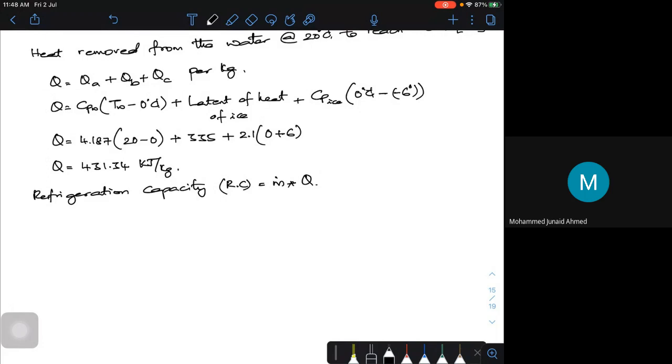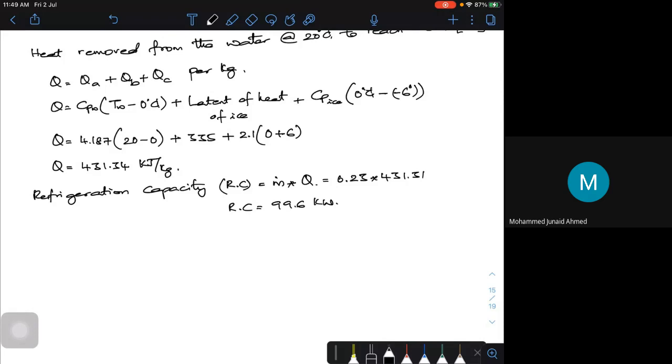So it is equal to 0.23 into 431.31. Your refrigeration capacity is equal to 99.6 kilowatts.